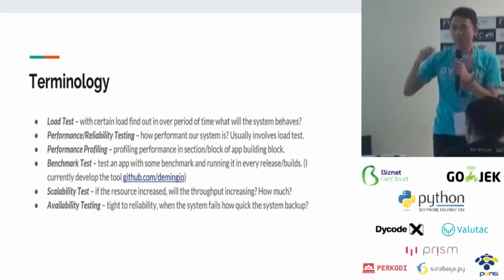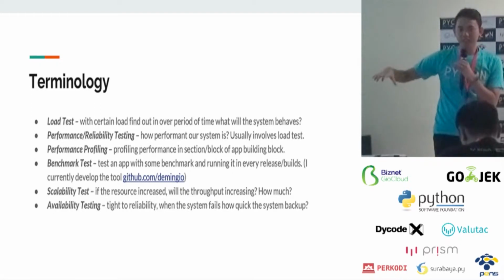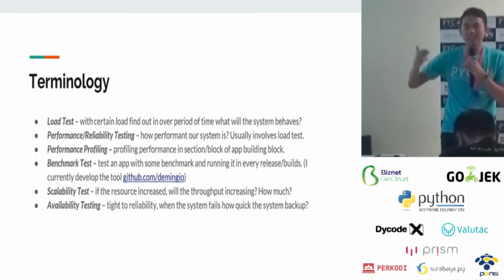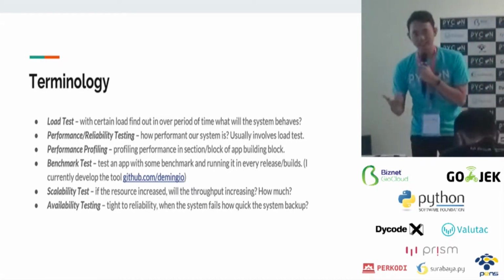If we increase the RAM or CPU, or add new nodes to our app, is the throughput increasing or not? That's scalability testing. Another thing is availability testing.